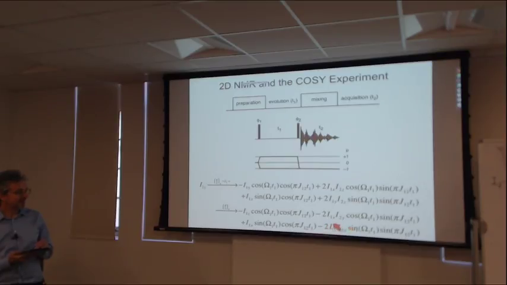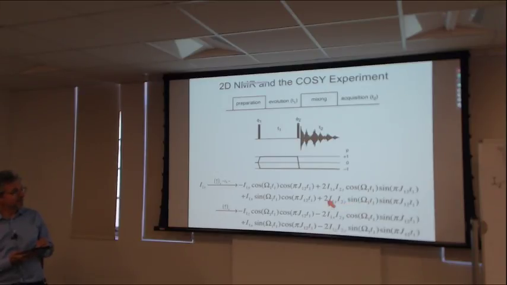It's an antiphase signal. It's dispersive because of the y operator. But it's the frequency of I2, not I1. It came from this term, where the x pulse took this to z and this to y.